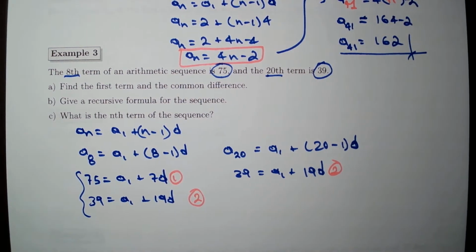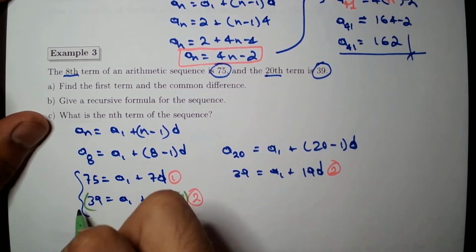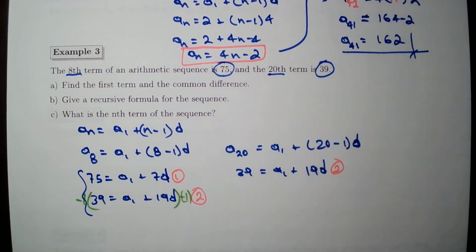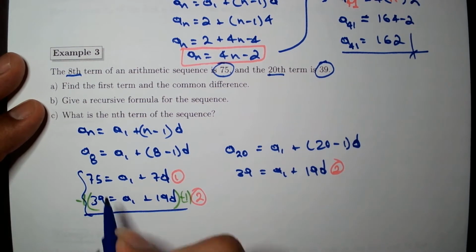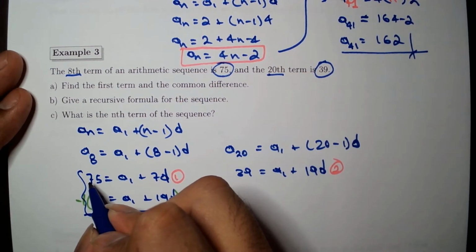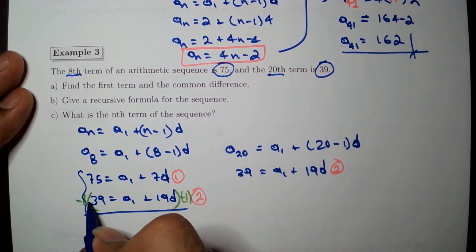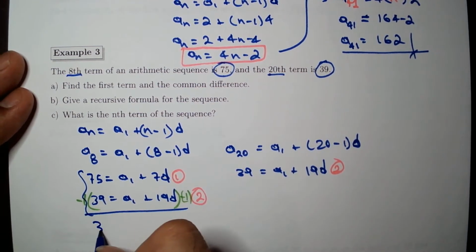So let's multiply the second equation by negative 1, or the first one, either way is fine. Then we add the equations.